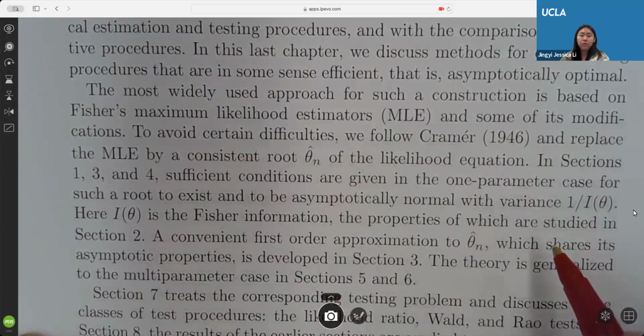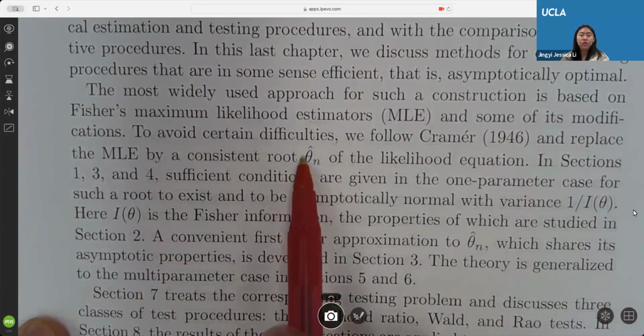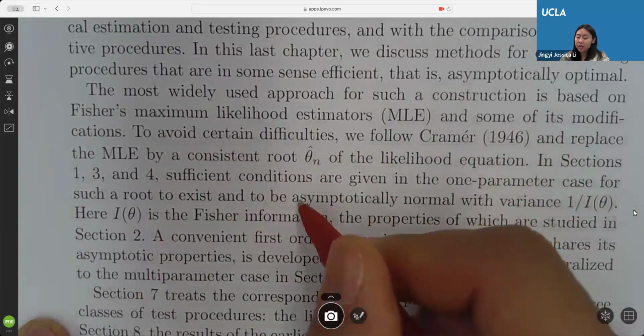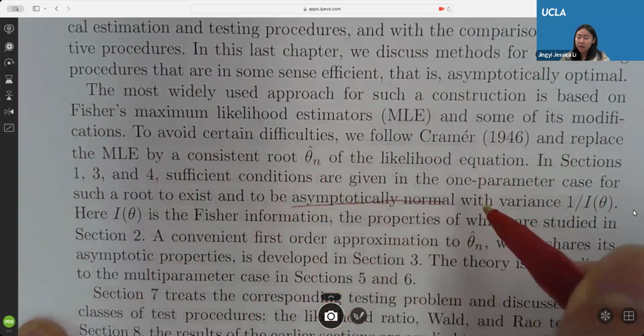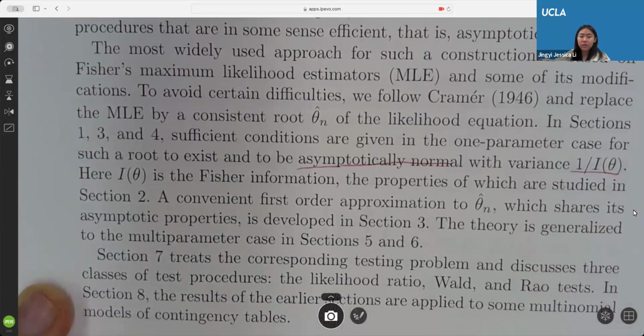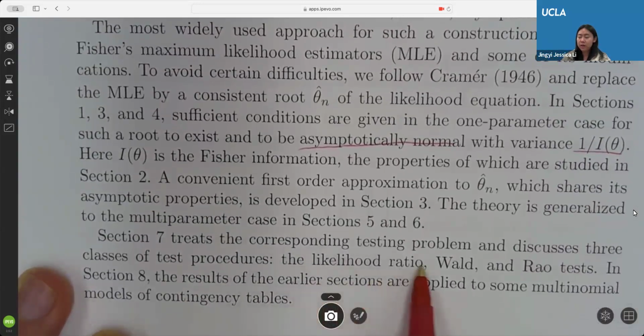But the most important result is that when such an MLE exists as the unique maximizer of the likelihood, we can show that under some conditions it is asymptotically normal, with variance 1 over the Fisher information, which is also a very important quantity introduced by Fisher. We'll introduce those. This is just the overview of this chapter. And finally, testing procedures, the likelihood ratio test, Wald test, and Rao score test will be introduced.